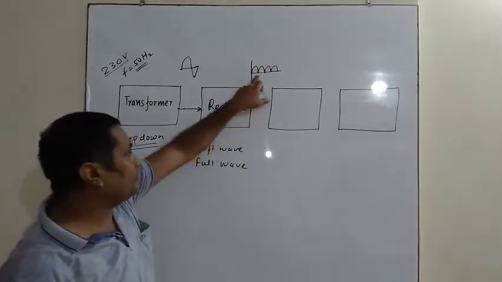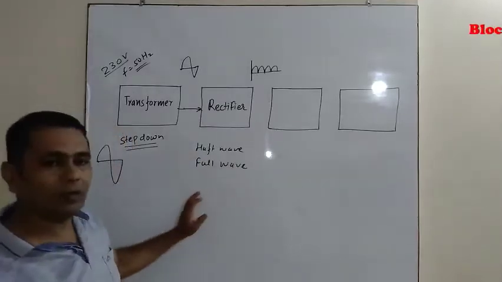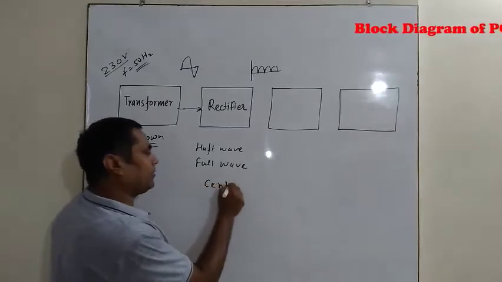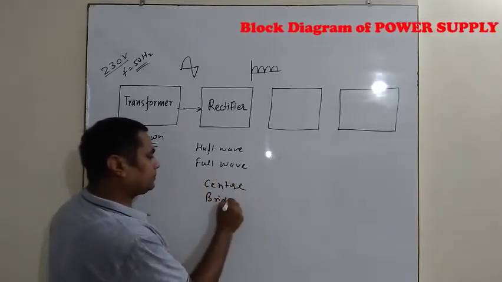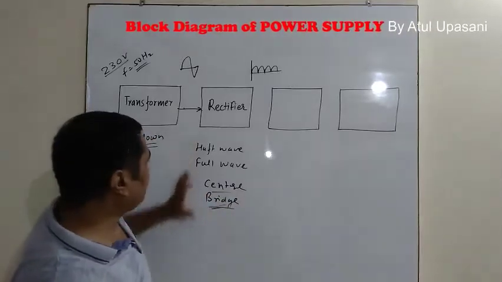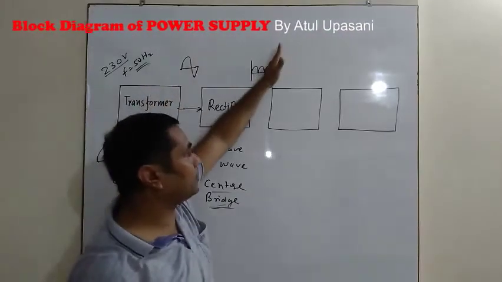So this type of voltage will be generated by the full wave rectifier. Full wave rectifier again has two types: one is called the center tap transformer rectifier and another is the bridge type, which we have already discussed here. In this way, a rectifier converts bidirectional current into unidirectional current.